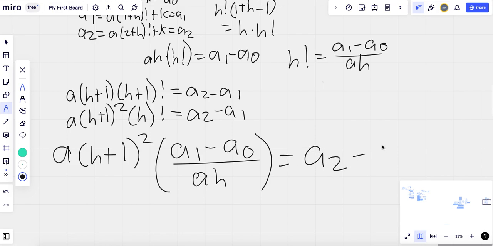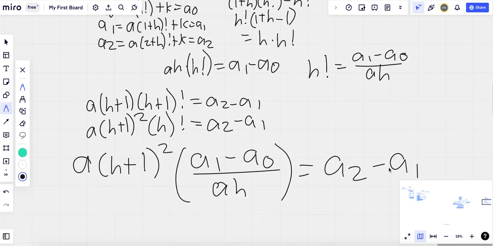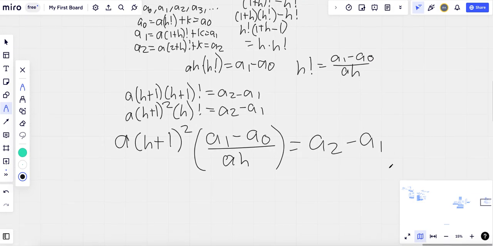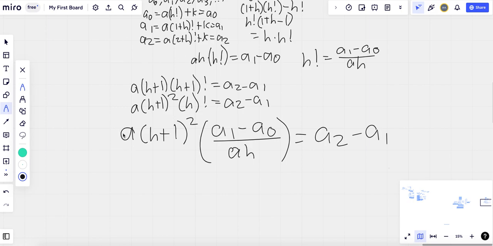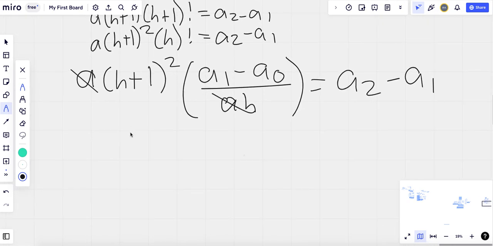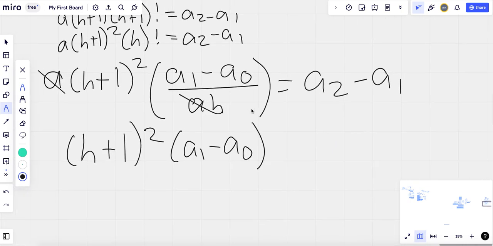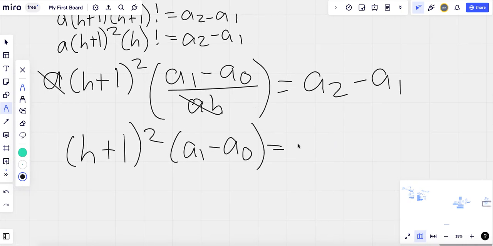So this is a2 minus a1. And then from here, we can see that the a's cancel. And we can rewrite this a little bit. And when we rewrite this, we're going to see that we have (h plus 1) squared times (a1 minus a0). And I'm just going to get rid of the h, so there's no fractions. And then this is equal to h times (a2 minus a1).